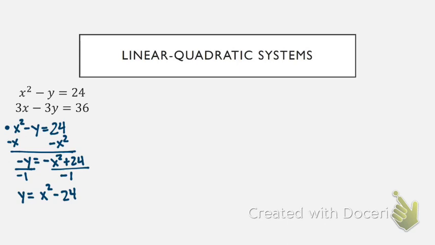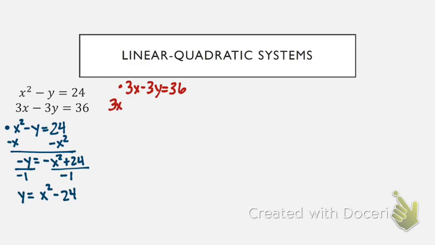So now that we have the y variable by itself, we're going to use substitution. I'm going to go into the second equation, which is 3x minus 3y equals 36. And in this second equation, I know that y is equal to x squared minus 24.